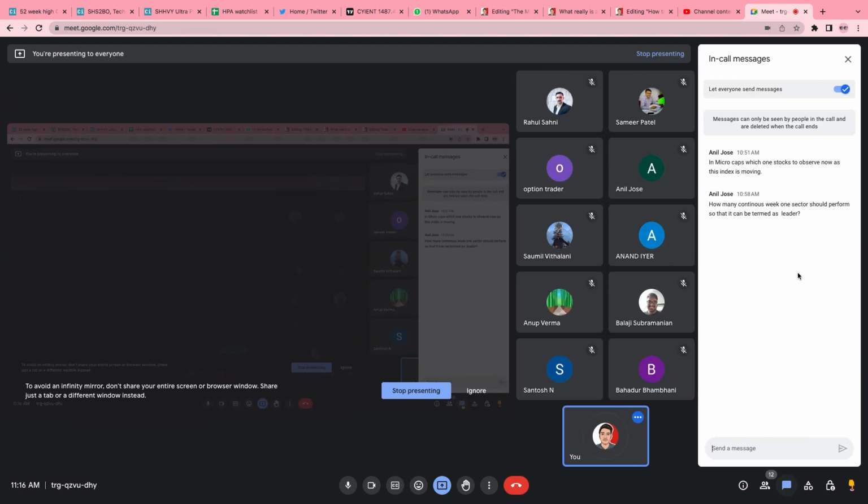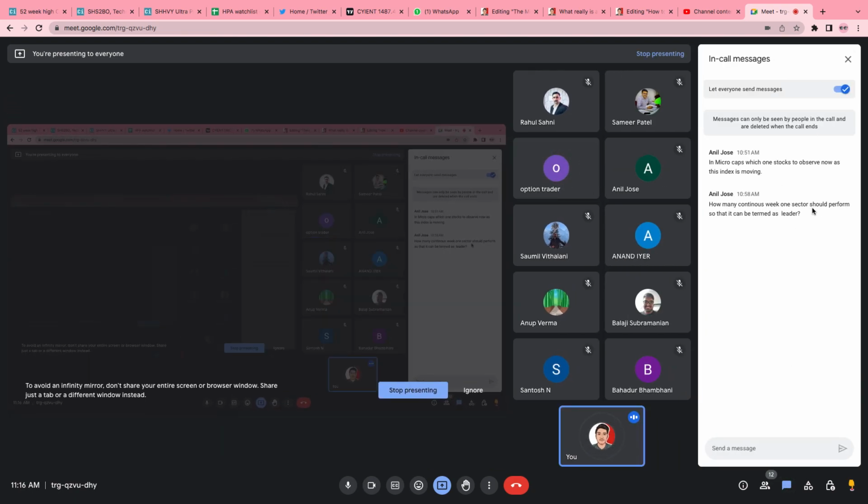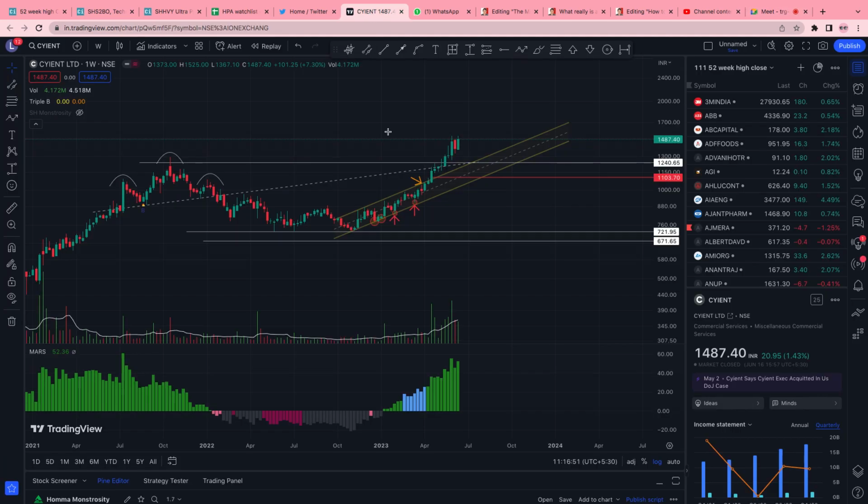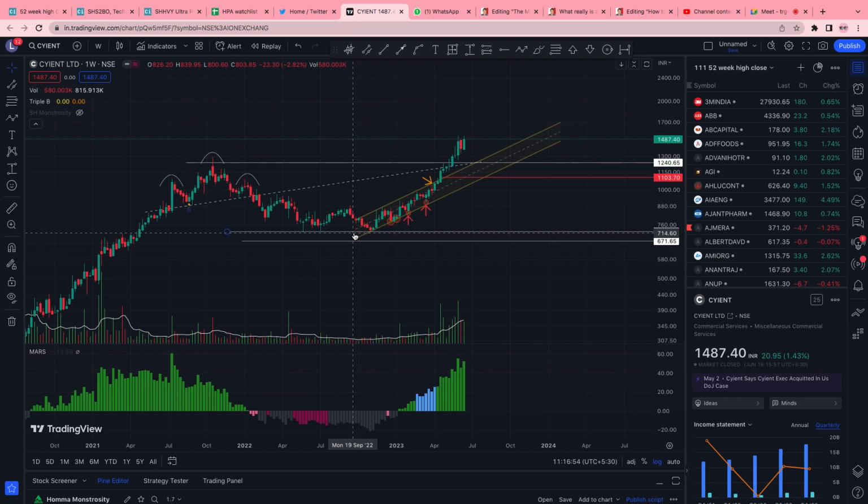Guys, any questions? How many continuous weeks should a sector perform so that it can be termed as a leader? Um, so there is no hard and fast rule, right? A leader has to just display the characteristics which I mentioned. One is that it has to be an outperformer, that's the bottom line, and that can clearly be seen by what the leader is doing as compared to the general market.